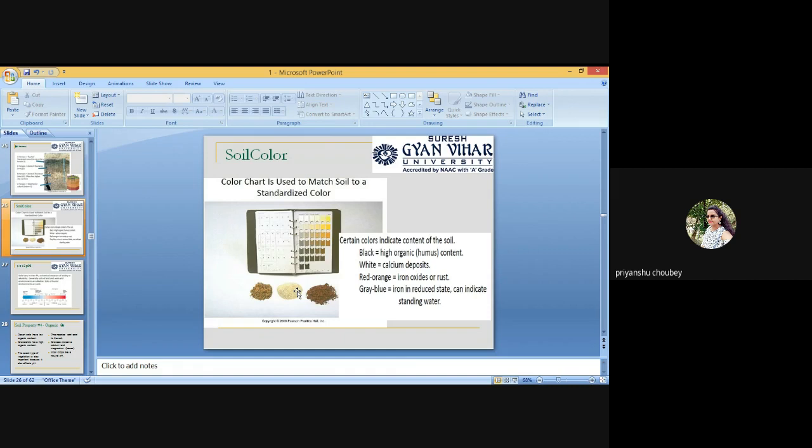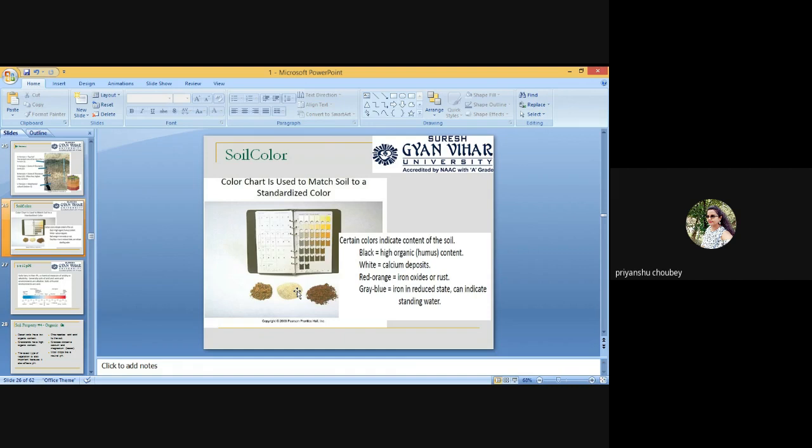If your soil has manganese oxide, it means your soil color is black. If your soil has a high glauconite percentage, the soil color sometimes exhibits green. Calcium carbonate, which is found in soils of semi-arid regions, imparts white color.